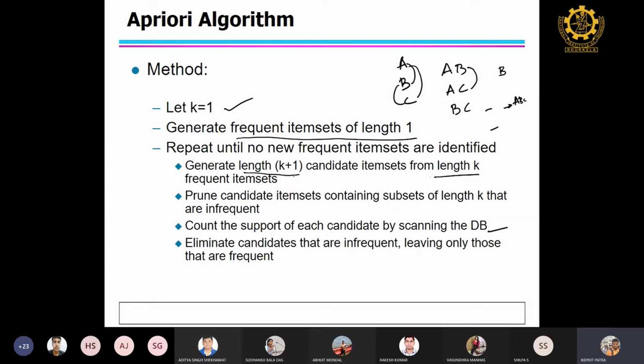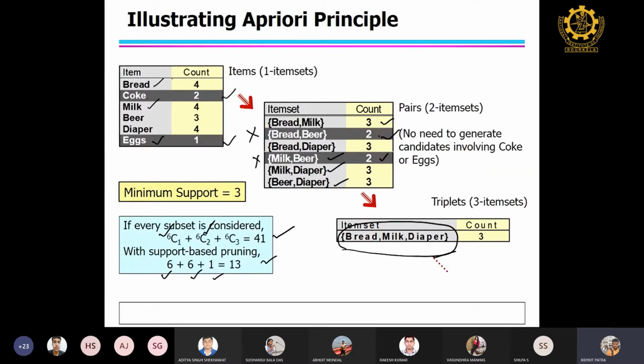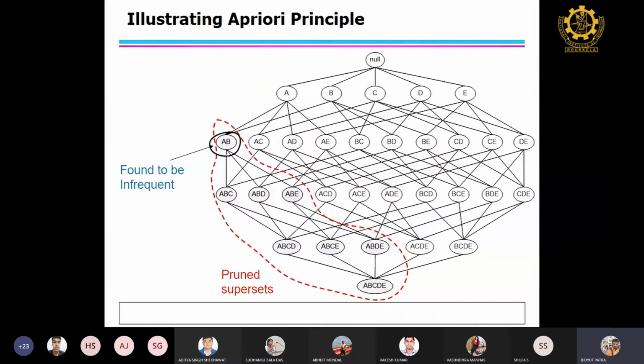Obviously, in the earlier example, you can see here, when we combine these three, we combine bread, milk. Let's say we want to combine AB with AC. Then we get A, B, C. Similarly, earlier we had AB and then AC, so then we get A, B, C. So A will be common.